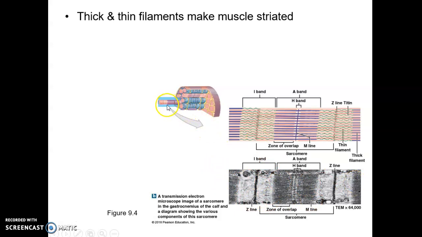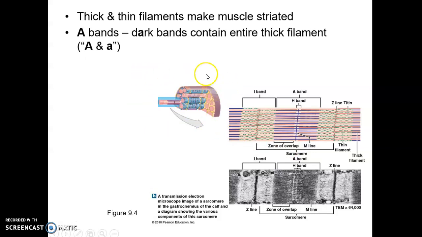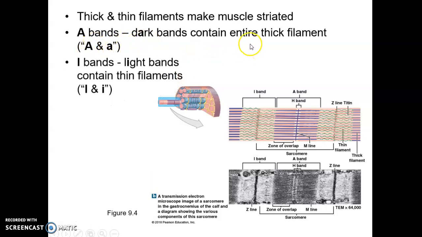As you see here, the dark band, light band, dark band, etc. So those bands, the A band, notice that's the band that comprises all of the thick filaments, the entire thick filaments. So think A for A band and A for dark. Right? One way to remember what is in an A band.